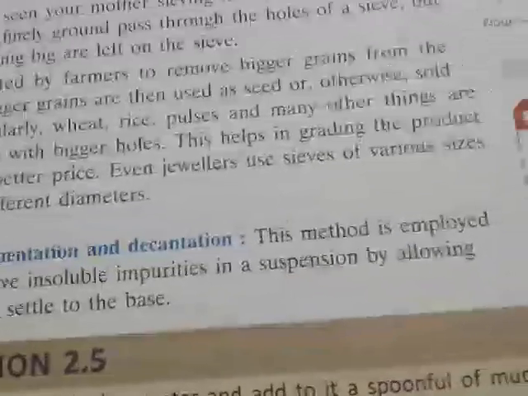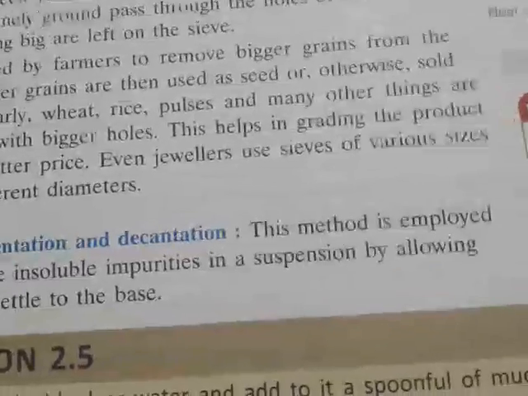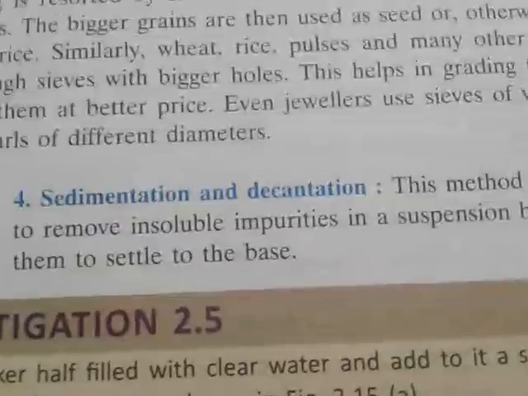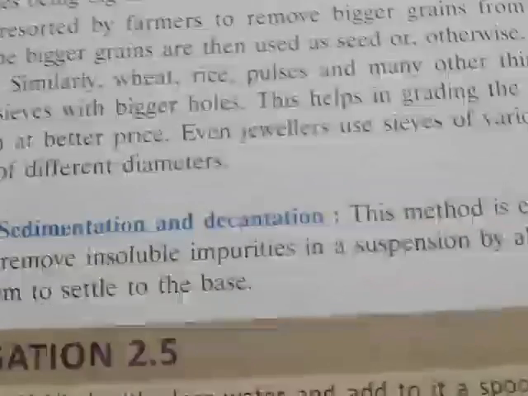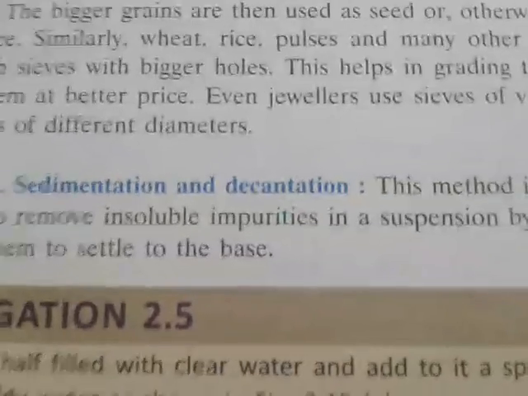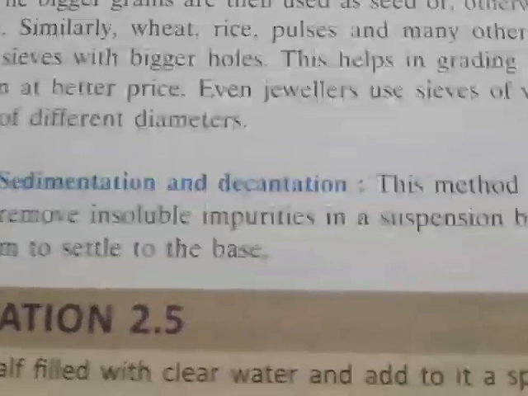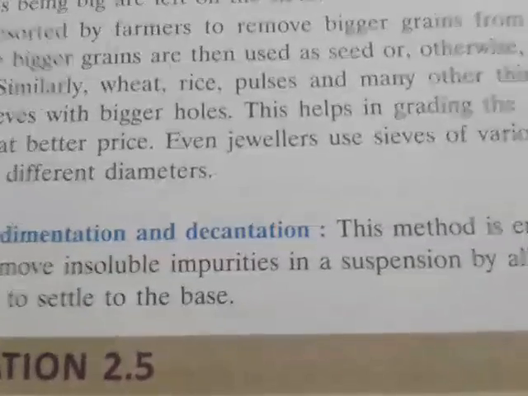What will happen? After some time, if you have not disturbed it, the sand particles will settle at the bottom of the container and the water will be on the upper side. The settling of the particles is sedimentation. And how do you separate the water from the sand? The process involved is called decantation.